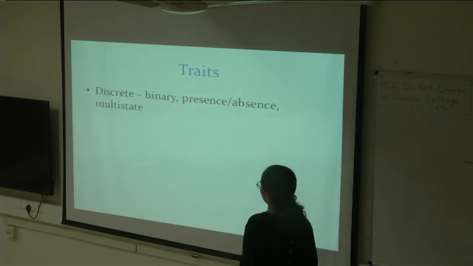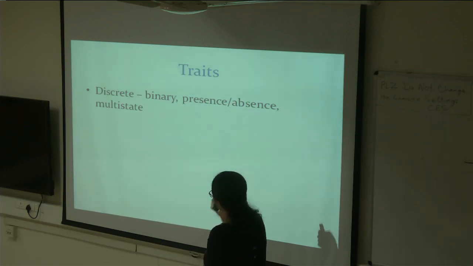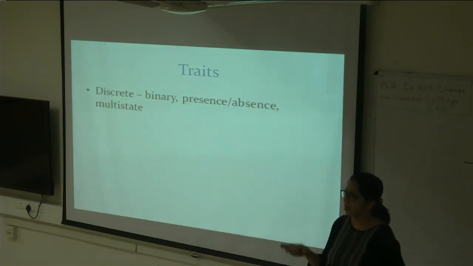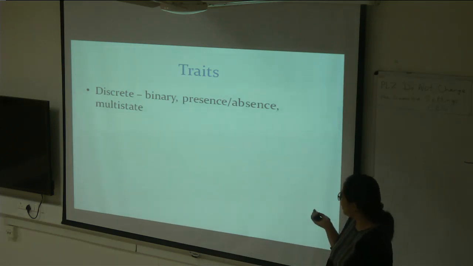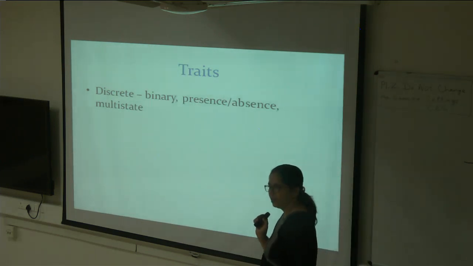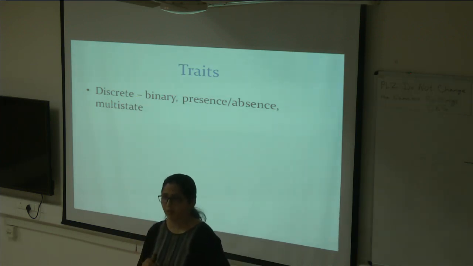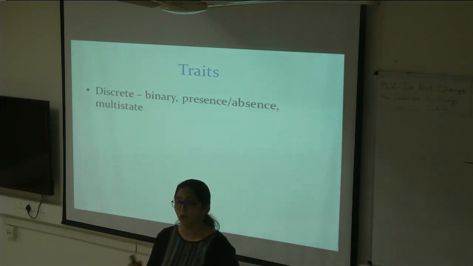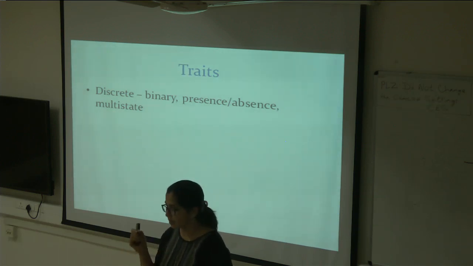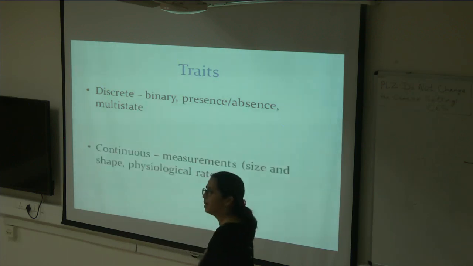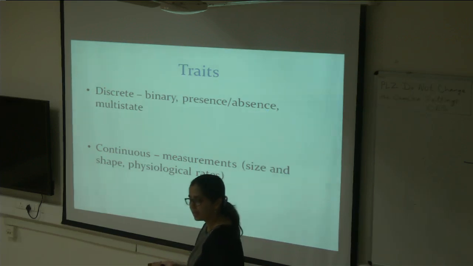We'll start with parsimony. Okay, before that, as we discussed, there are two types of trait data. What is discrete data? Presence, absence, binary: 0, 1. Present or absent, yes or no. So you can discretize, or it can be categorical data, right? 1, 2, or multi-state data. These are all discrete data sets, or you can have continuous data: measurements.